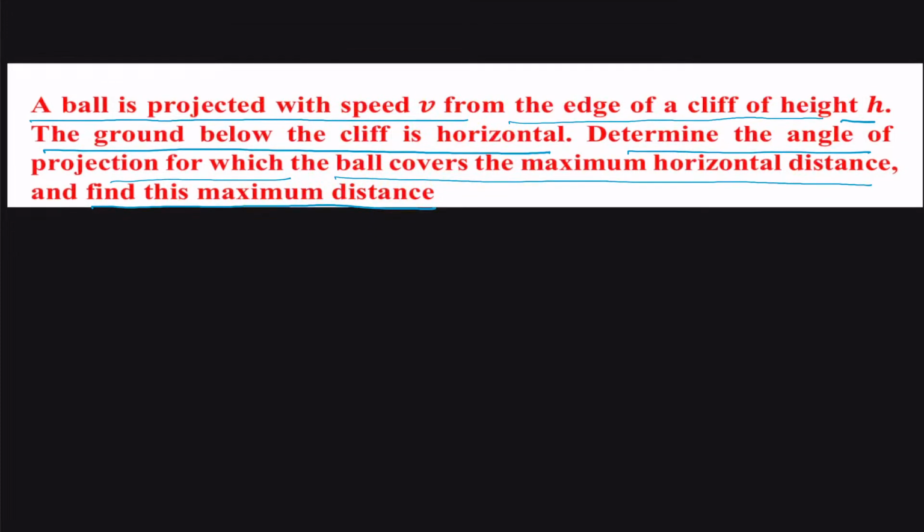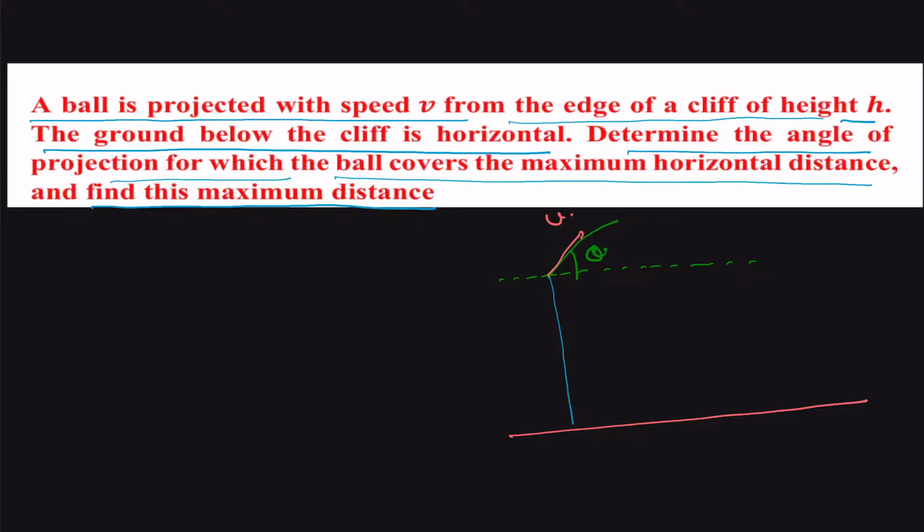So in this case, we are given that we have a cliff, and at the bottom of the cliff there is a horizontal path, and from the cliff we project a projectile with an angle theta, and its projection velocity is given as v.